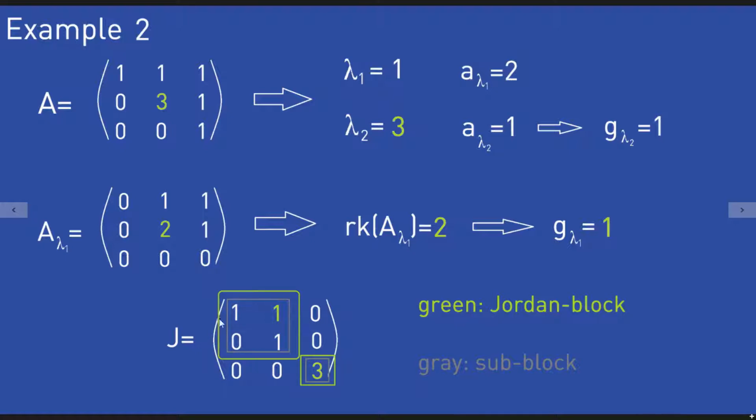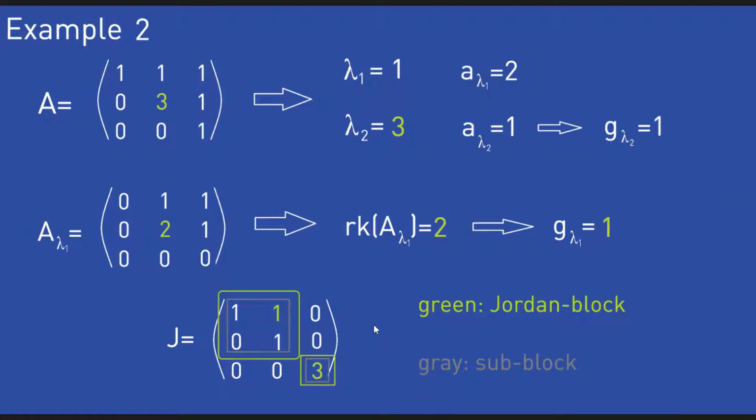So the first block looks like this: green is the block, we have one sub-block inside, and this one looks like this, 1, 1, and 1 here. The second block doesn't change a lot. It has length 1 and one sub-block inside of it. Only we have 3 here now. And we have found the Jordan normal form J.